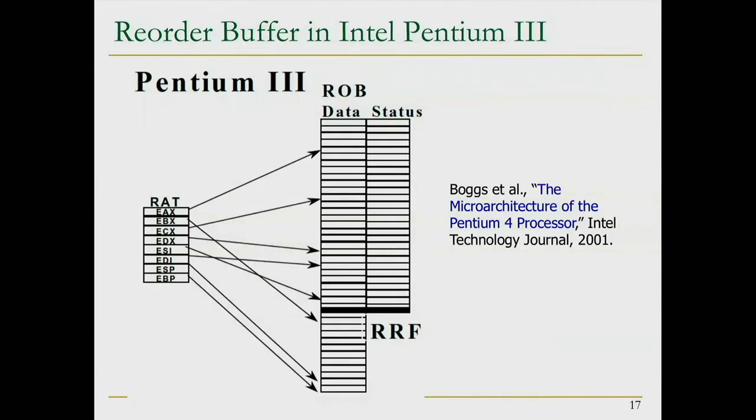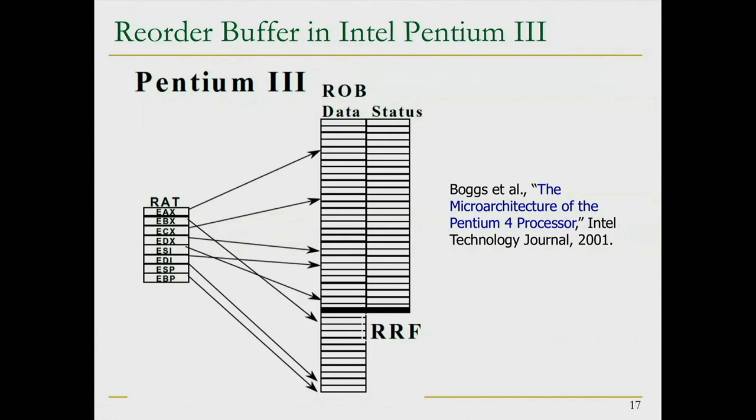This is a real machine, Pentium 4, and Intel wrote this beautiful paper that talks about Pentium 4. Basically, this is the register file I kind of drew, except they physically put the values in the register file. They call it the register alias table, which we're going to also call it soon. These are the 8 registers in the old x86 architecture, not in x86-64.